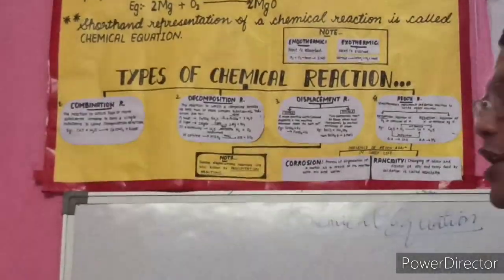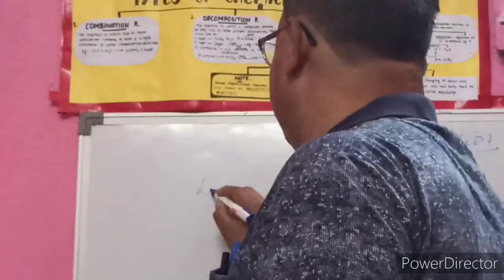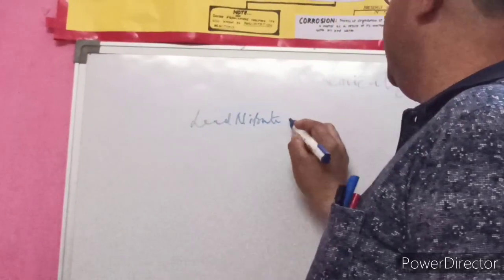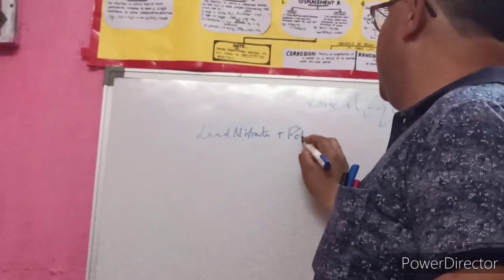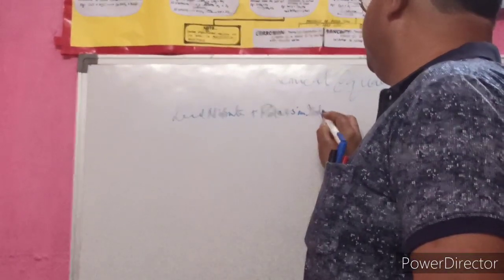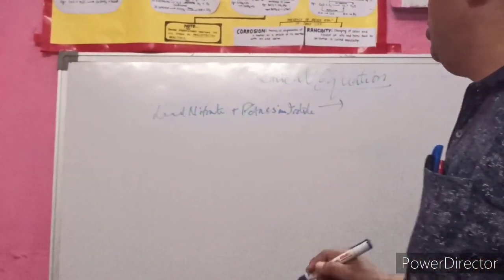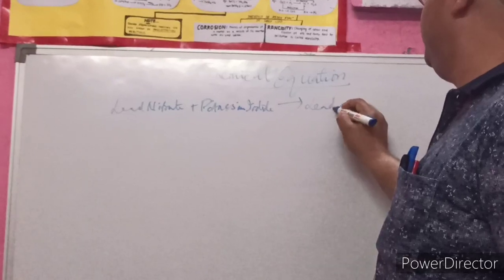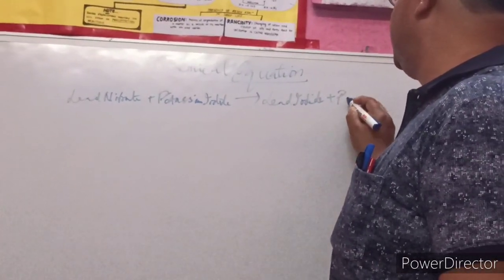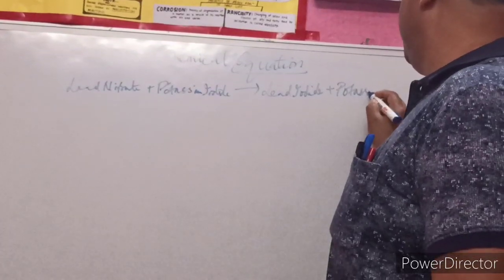Like when we write in words: lead nitrate plus potassium iodide, giving arrow, lead iodide plus potassium nitrate.